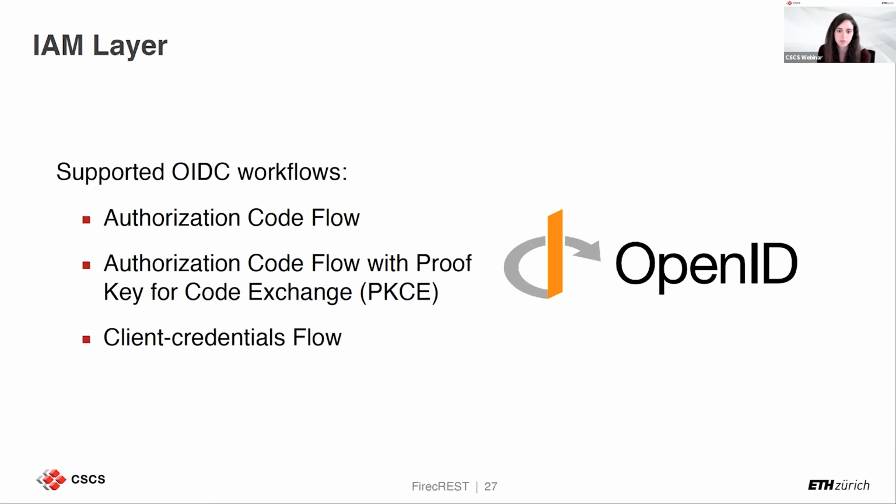Then there is the PKCE, the proof key for code exchange authorization code flow. And this was originally designed to protect the authorization code flow in mobile apps, but it can be useful for every type of client, really.